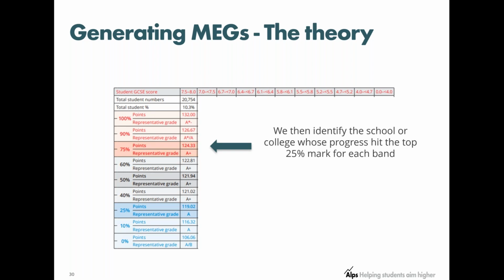So that's an A plus. Now that A plus becomes the minimum expected grade. If you have any students in that prior attainment band, the minimum grade you'd expect to see with them would be an A. That is their MEG, their minimum expected grade.